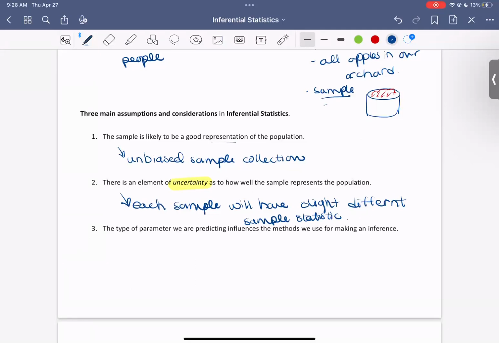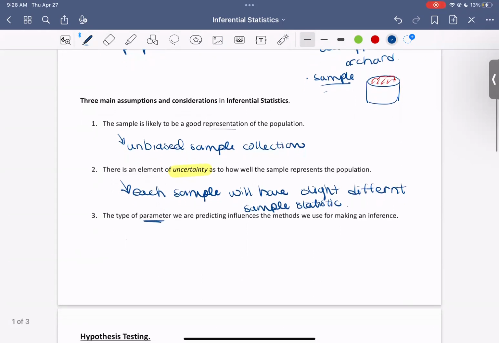All right, but number three, our third consideration: the type of parameter we are predicting influences the methods we use for making an inference. We saw some examples of the types of parameters we might want to draw conclusions on, proportions, means, and so on.